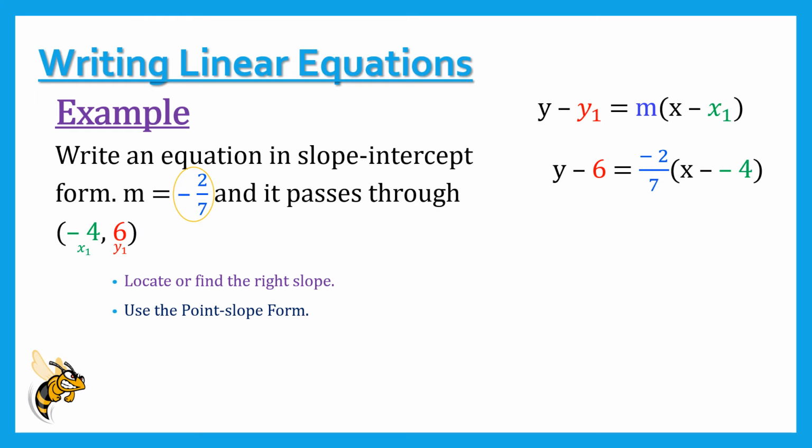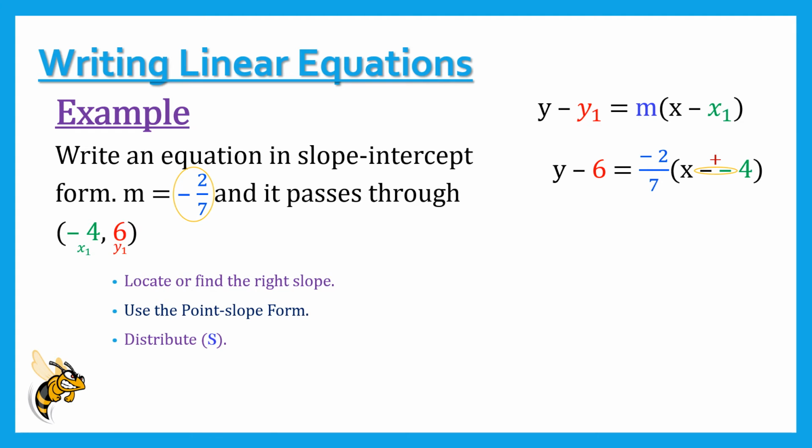The next thing is the formula has a minus in it. So it says x minus x1. If you notice, it's x minus negative 4 because x1 is negative 4. So we end up with two negative signs. Those two negative signs can be combined as a single plus sign.